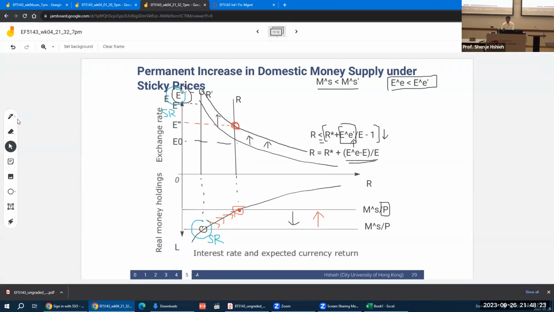And let's use red. This is our long run. So the transition would be from this point here, slowly moving to here.